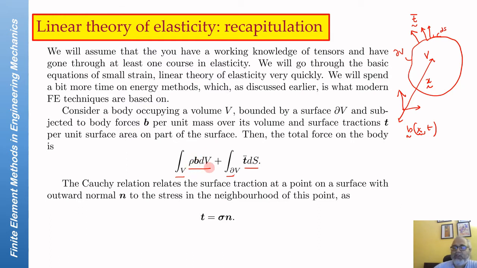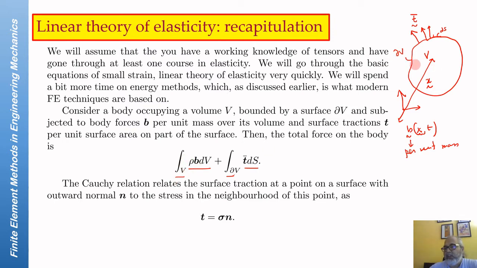So you have to multiply it by mass density rho to get the total body force. So this body force that we are taking is per unit mass. Sometimes we define the body force as per unit volume, in which case this rho will not appear.